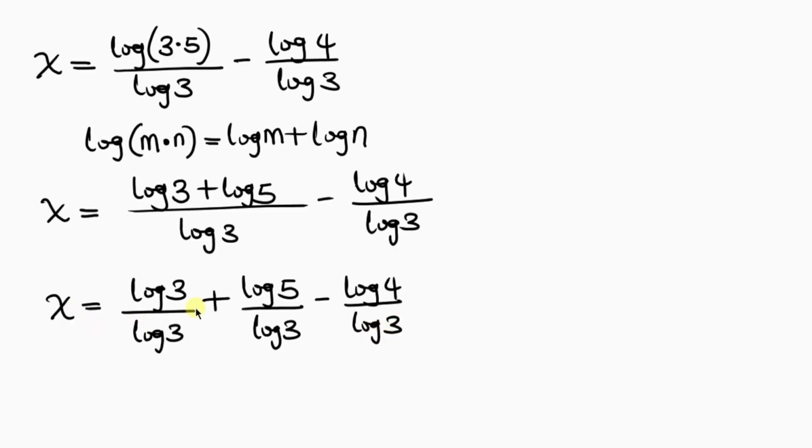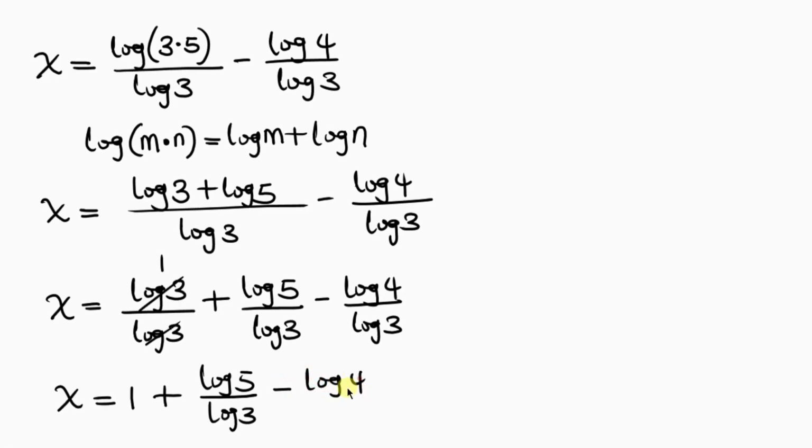Now, simplifying further, log 3 divided by log 3 is 1. So we have x to be equal to 1 plus log 5 all over log 3 minus log 4 all over log 3.